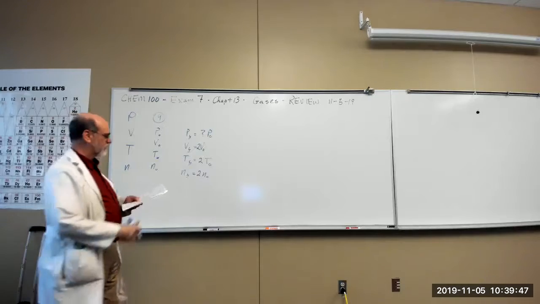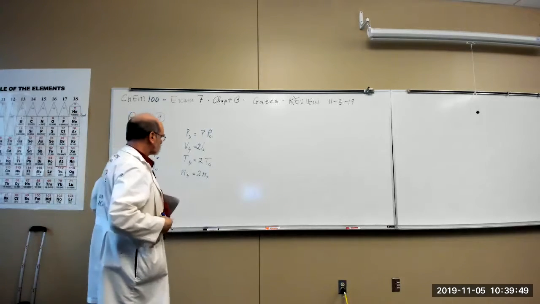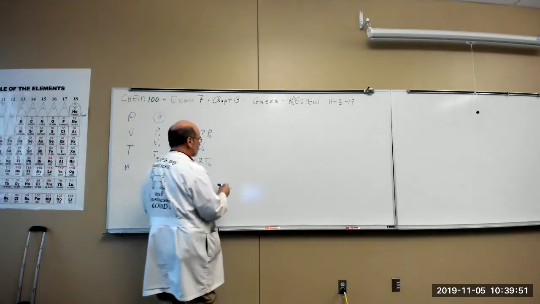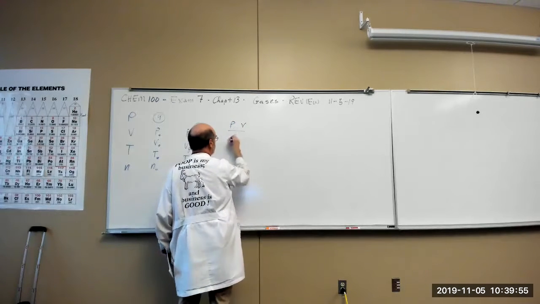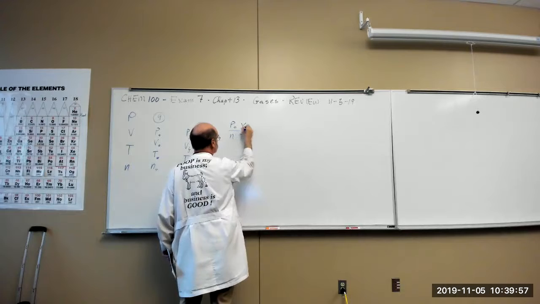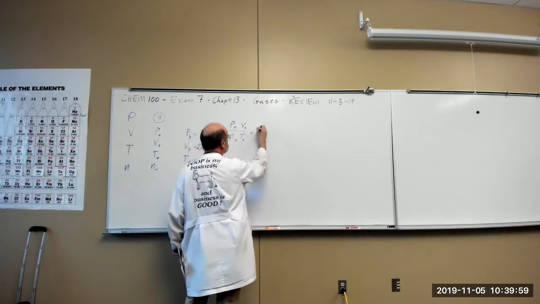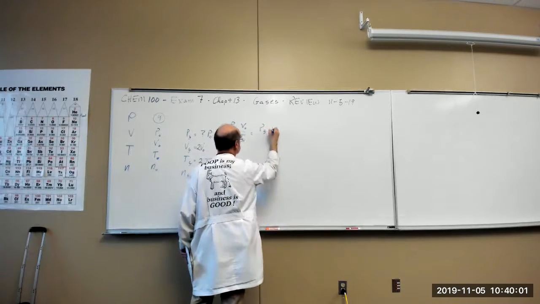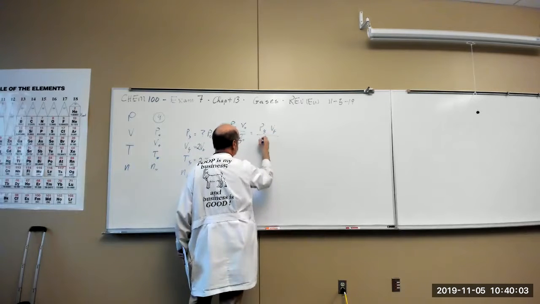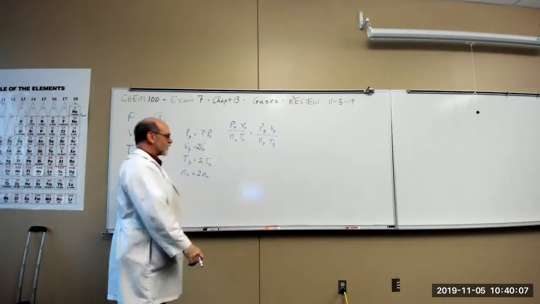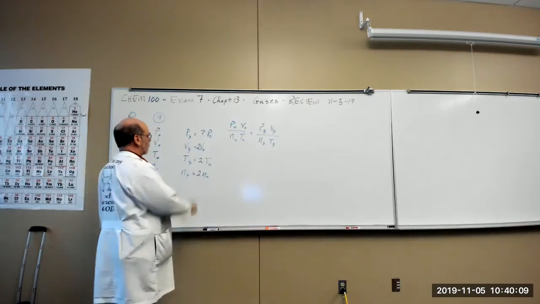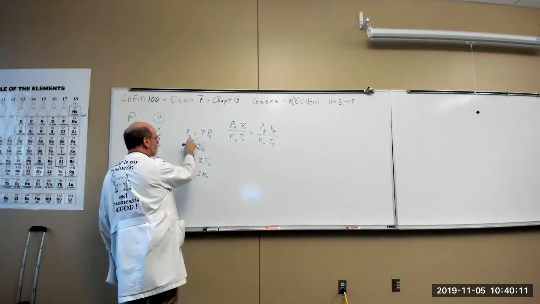Okay? Well, we set up the combined equation, PV over NT initial is equal to final, right? And then we solve for the unknown. We want to know what relationship is PF.